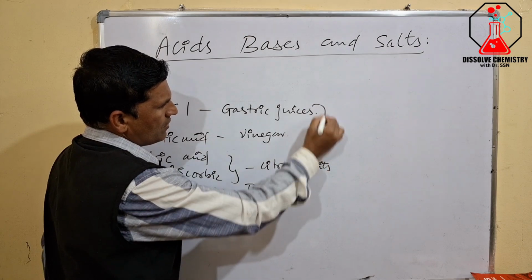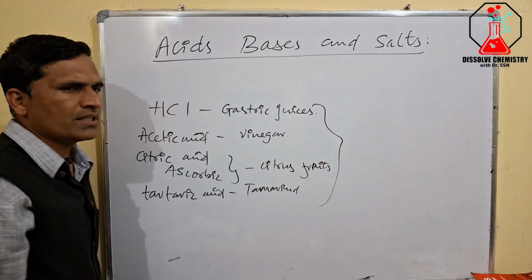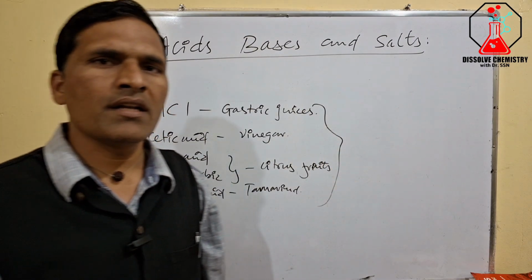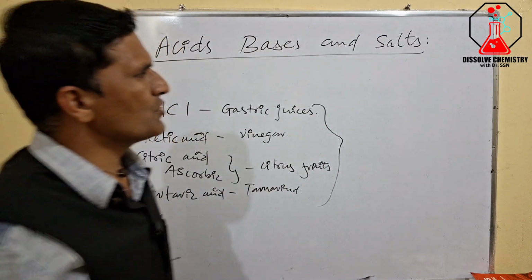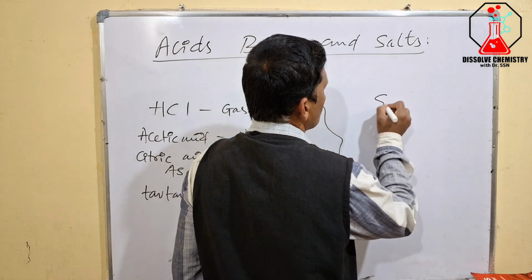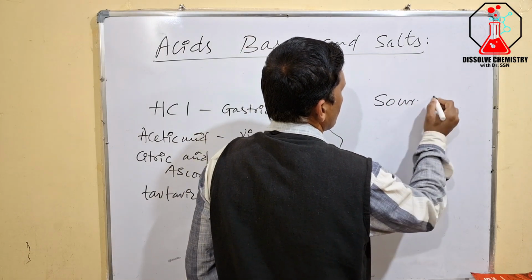So these are all examples of how acids occur naturally. When we look into their taste, usually these acids are sour in taste.